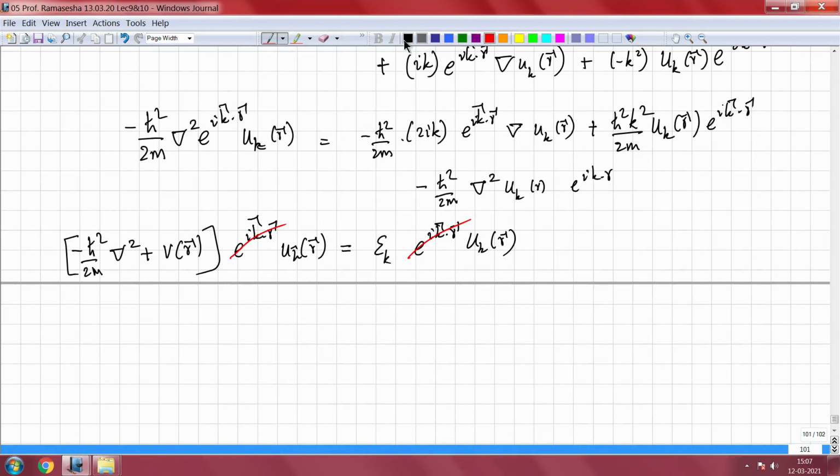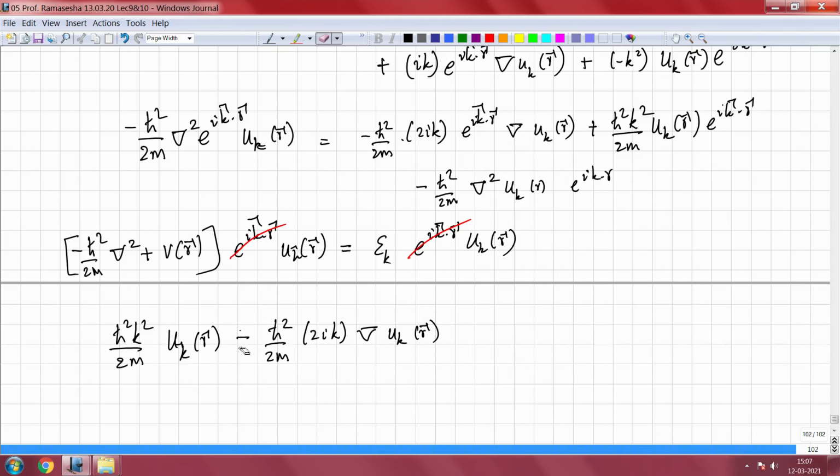What I will be left with would be the following: h cross squared k squared by 2m u k of r, and then minus h cross squared by 2m times 2 i k grad u k of r, and then the term minus h cross squared by 2m del squared u k of r, plus V of r u k of r, is equal to E k u k of r.